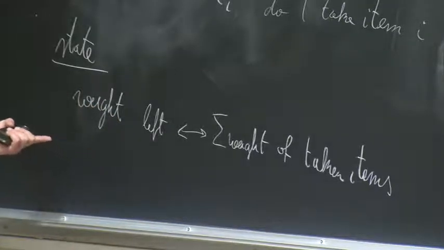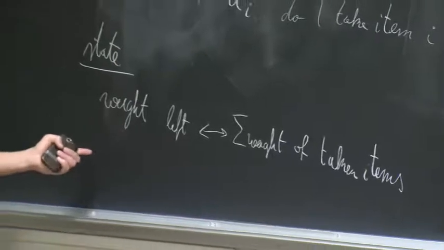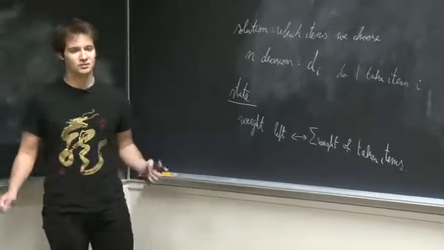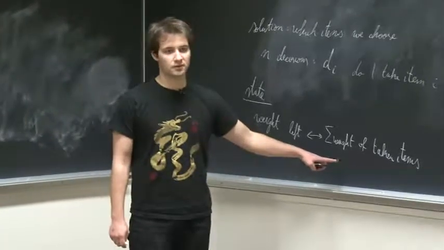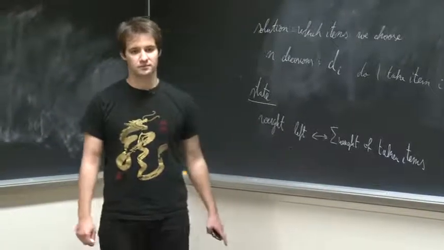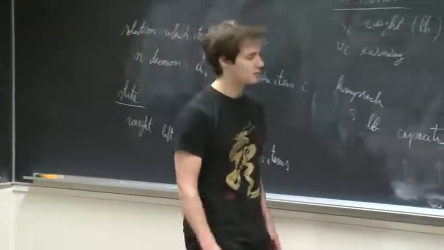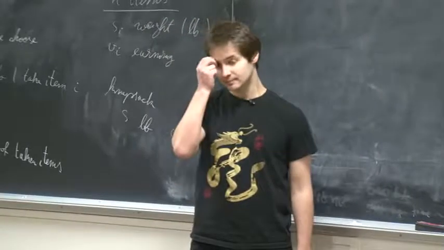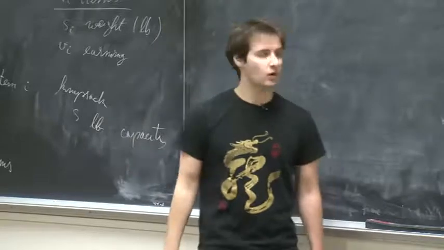If you know one, you can compute the other. Sorry, they're not equal, they're just knowing one lets you know the other one. But this is more useful in terms of putting the graph together, I claim. We'll see if that is true as we try to put the graph together. So what's a node? What's an edge? An edge is putting in one more item. Okay.